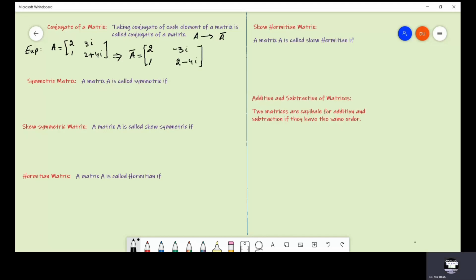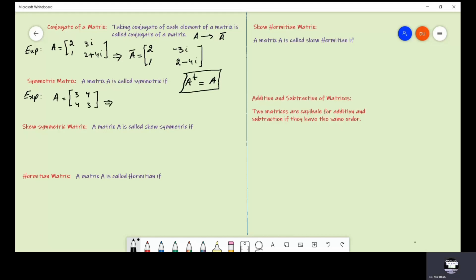Symmetric matrix. A matrix A is called symmetric if A transpose is equal to A. So if we take transpose of a matrix and as a result we get the same matrix, then A is called a symmetric matrix. Let us see an example. I have a matrix A which is equal to 3, 4, 4, 3.